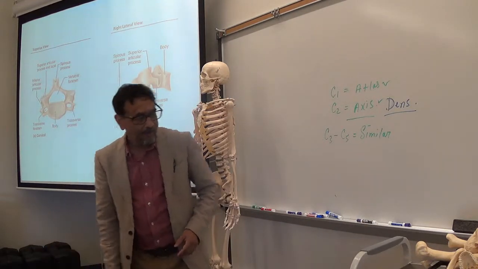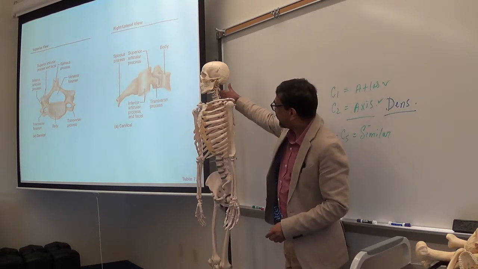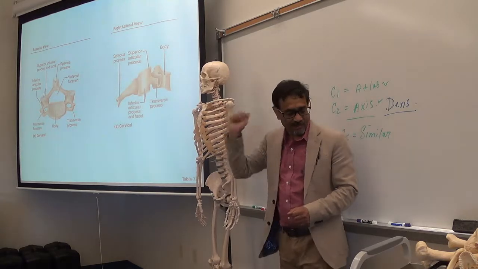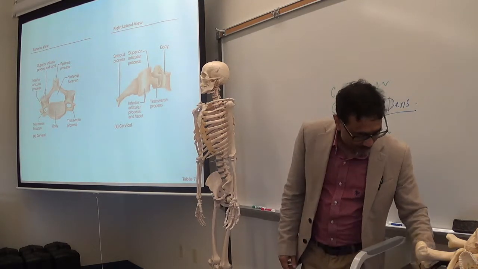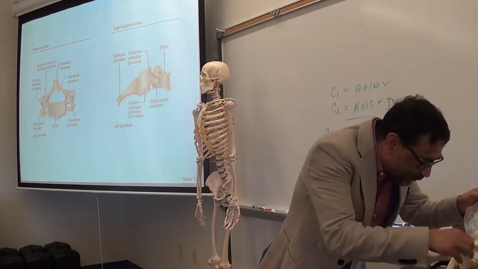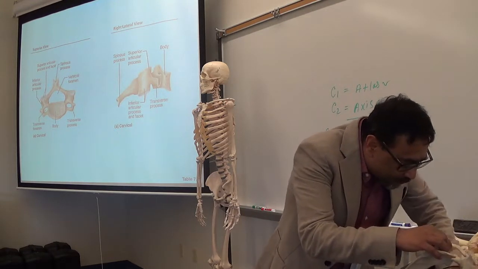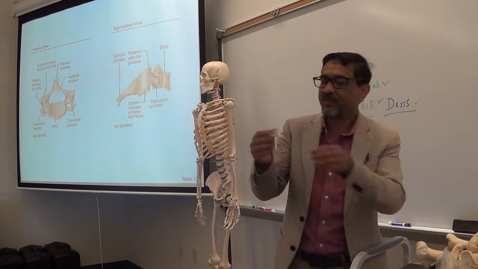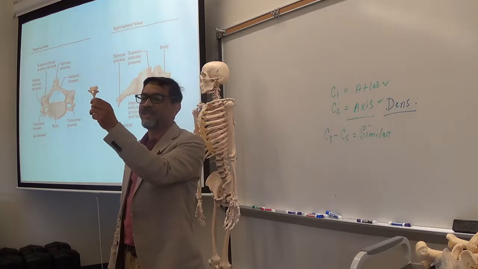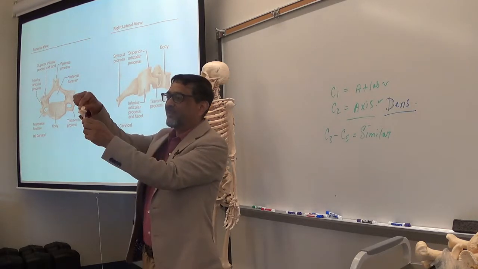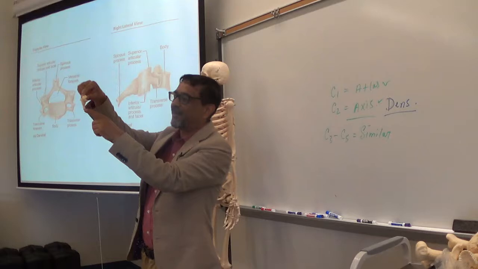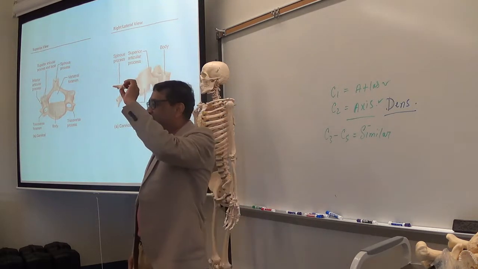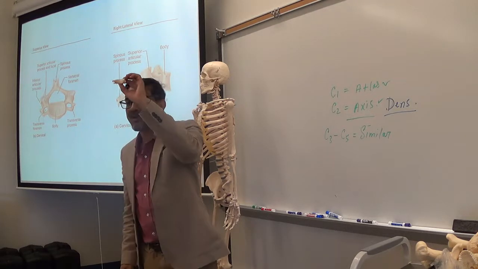Now, if I look at the other five cervical vertebrae, C3 to C7, you will see what? This is C3 to C7, one of those. They are all very similar. Now, how will you know this is a cervical vertebra, not a thoracic, not a lumbar?